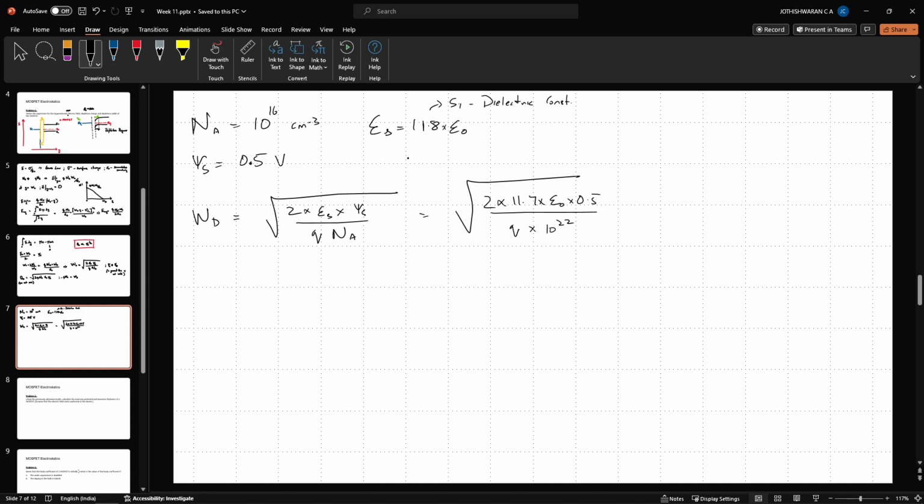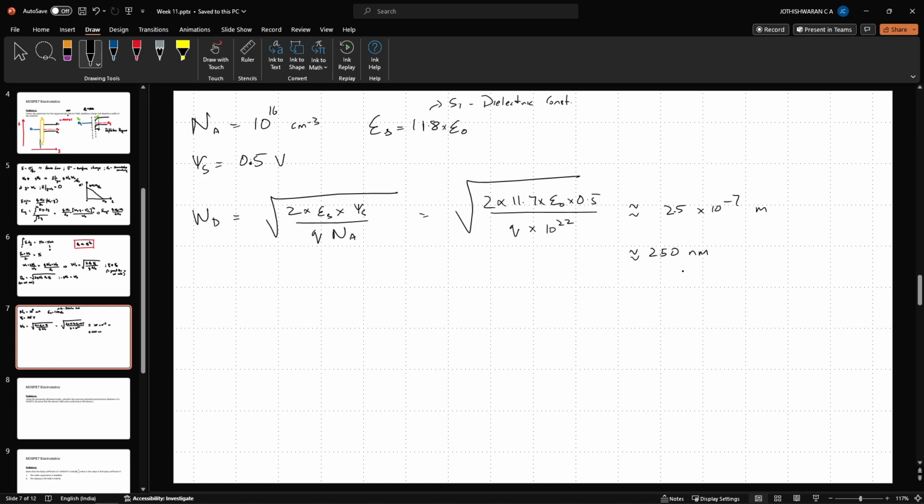Okay. So this is 0.5. So this will come out to be approximately 2.5 into 10 to the power minus 7 meters, which is 250 nanometers approximately.